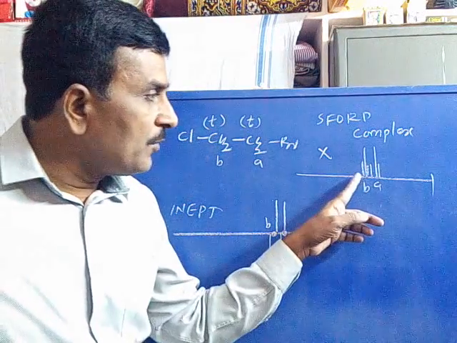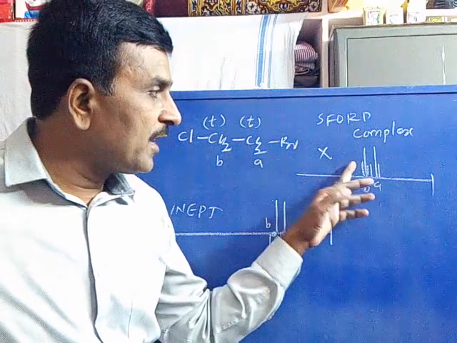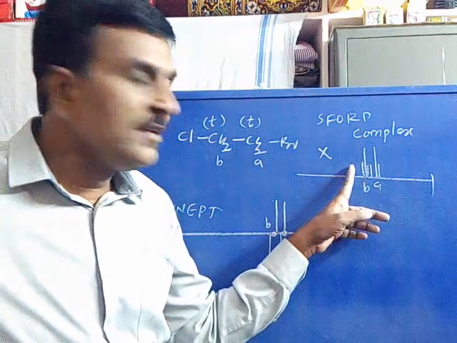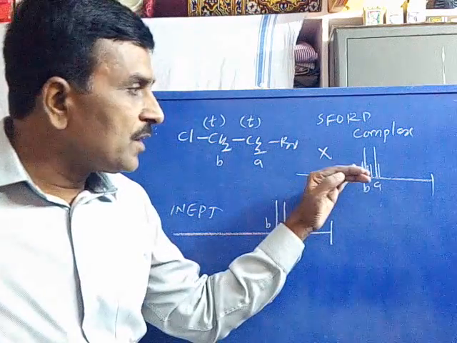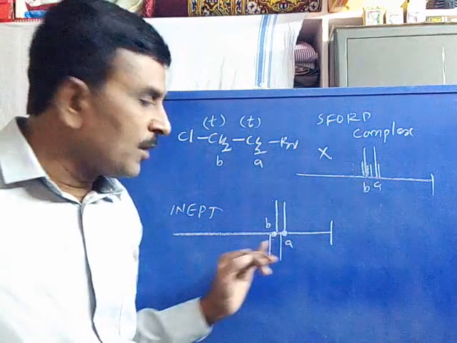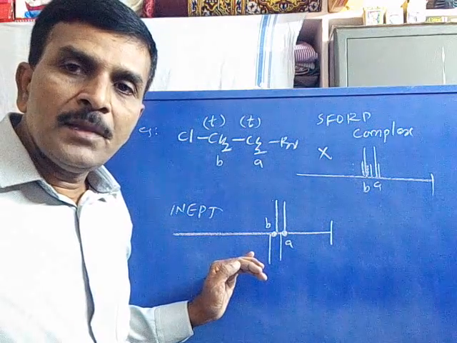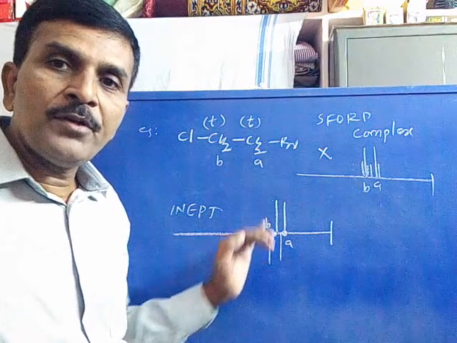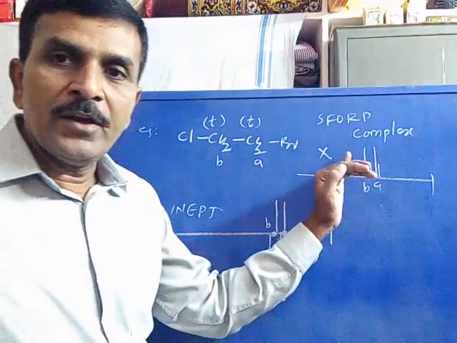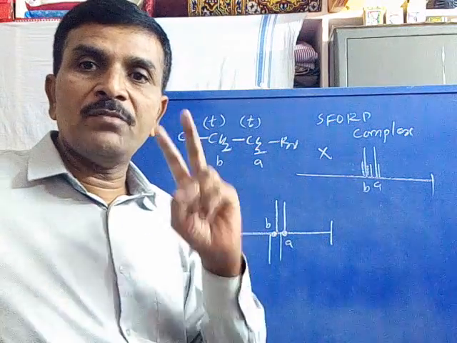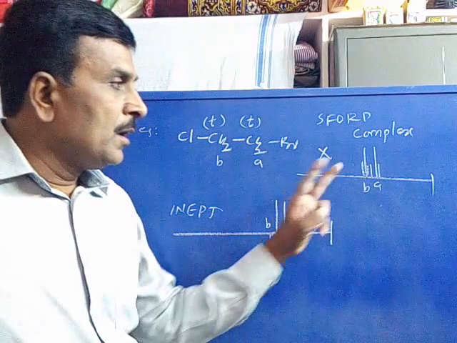In the SFORD experiment, 2 triplets belong to 6 lines, and the 6 lines are overlapped. Coming to the INEPT experiment, out of 6 lines, 2 lines' intensity becomes 0, leaving 4 lines. Are you following? The 6 lines in the SFORD belong to the 2 triplets of the 2 CH2 carbons.